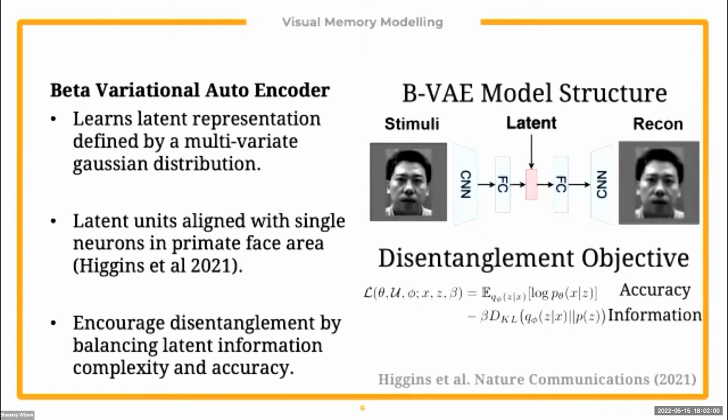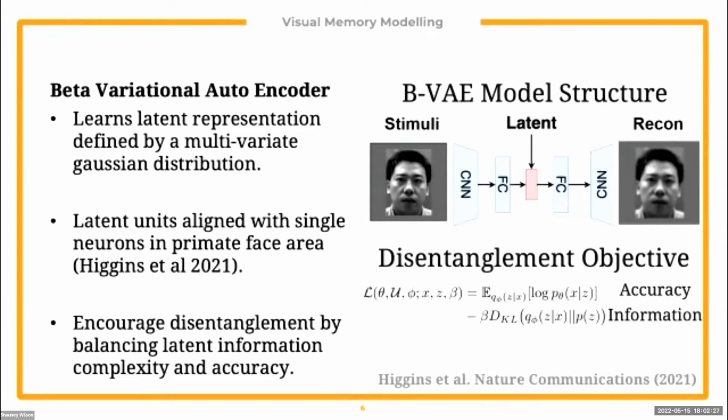This refers to the idea that changing the stimuli along a single dimension, such as the age or the gender of the human, or different features, results in changing activity of a single neuron in the primate face area, as well as a change in the distribution of just one latent representation. So that refers to the disentanglement objective.